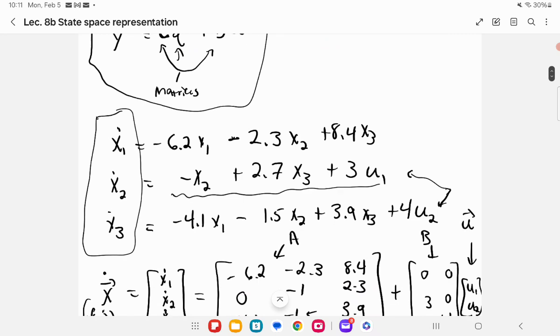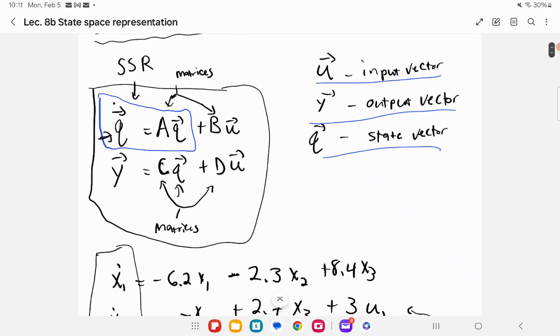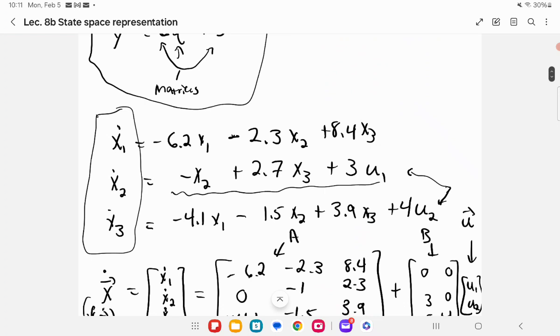So suppose I have the following system, x1 dot. So I've already written it in the state space form, right? So we have x1 dot equal to negative 6.2 x1 minus 2.3 x2 plus 8.4 x3. x2 dot is equal to negative x2 plus 2.7 x3 plus 3 times u1, right?